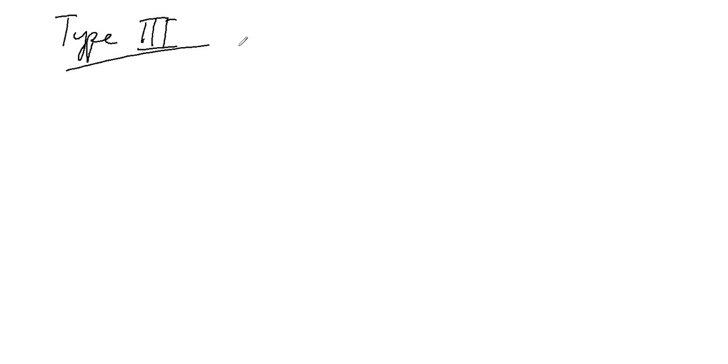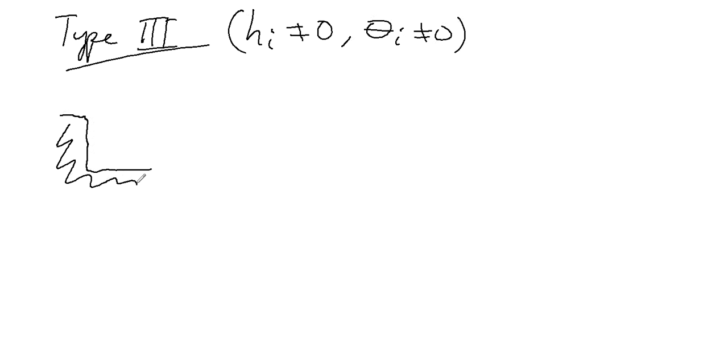Like we sort of laid out before, the initial height is not going to be equal to 0, and the initial angle is also not going to be equal to 0, and that's what I call a type 3. So just a basic sketch, something like this, coming off at an angle, so it goes up and then comes back down. So that's a type 3 question.